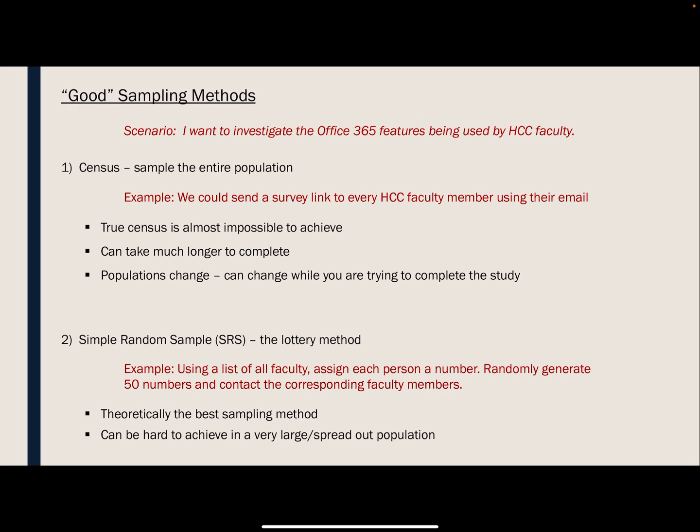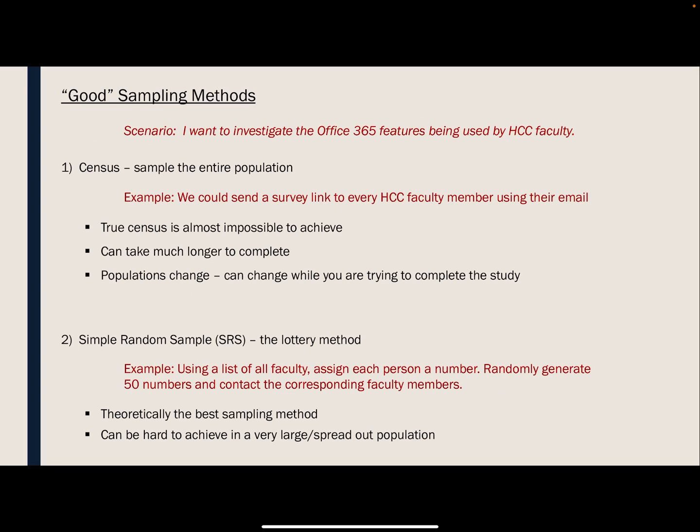Okay, so first talking about the quote-unquote good sampling methods, the sampling methods that apply randomness in an attempt to get a representative sample without bias. So I'm going to go through each of these. There's 5 of them, and I'm going to describe each one and then use it in a scenario.